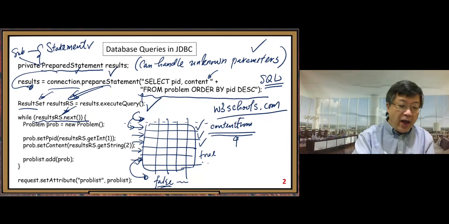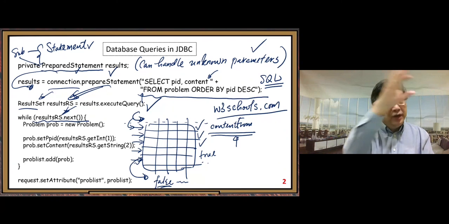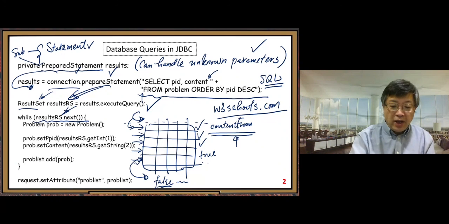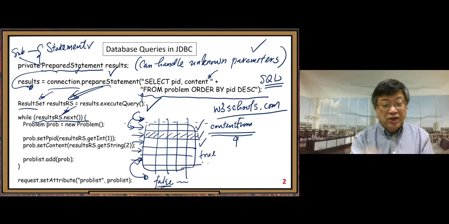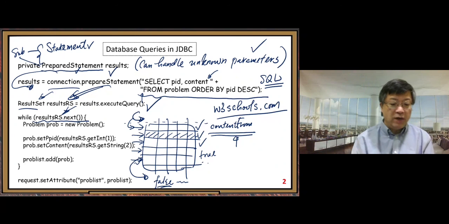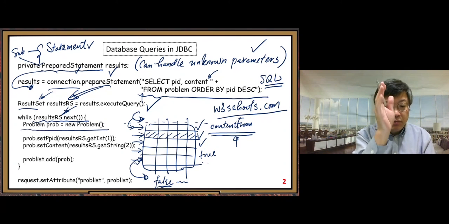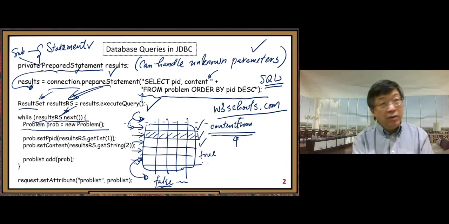Then inside the while loop, you retrieve the data for one particular row. Now we store one row of data in one Java Bean, this Problem Java Bean, so we create the problem object. The Problem Java Bean has several properties.